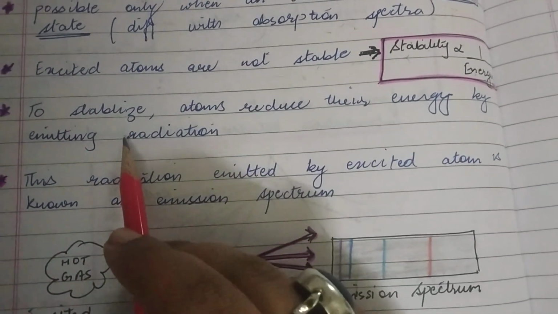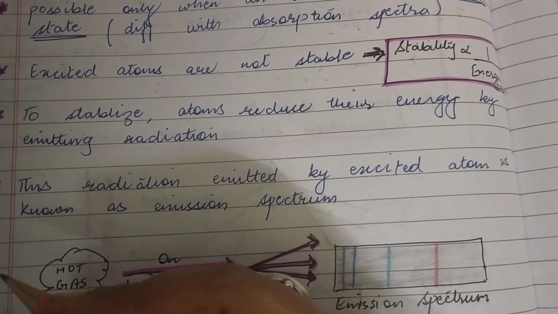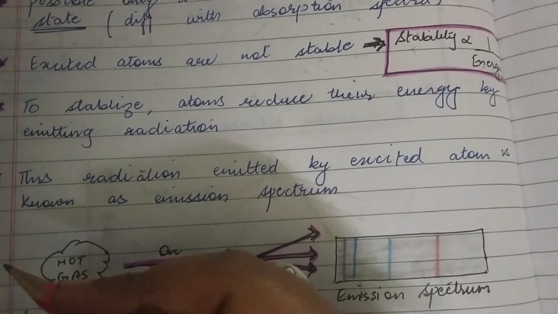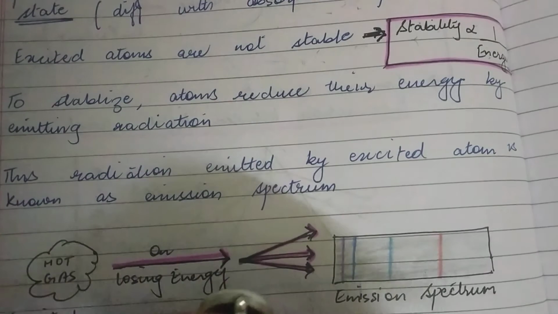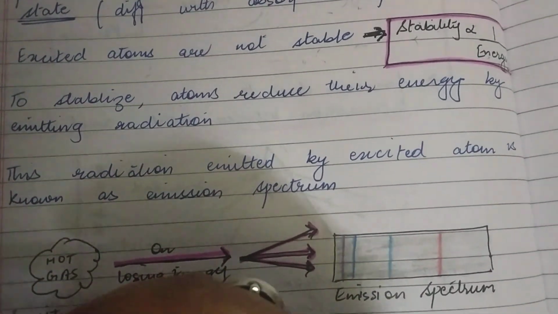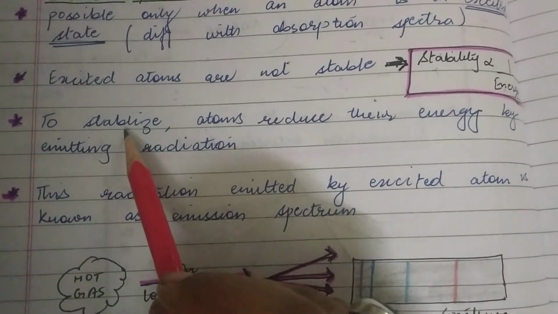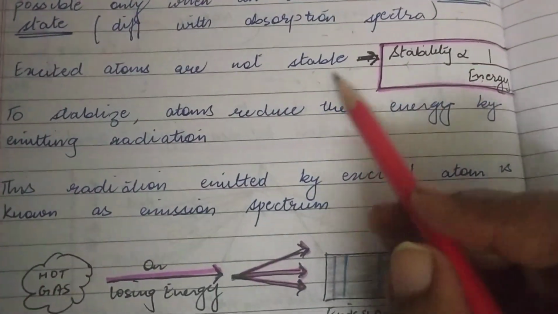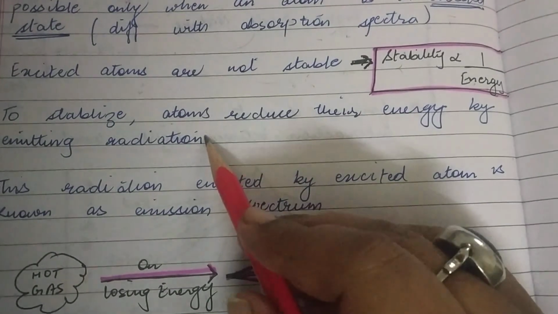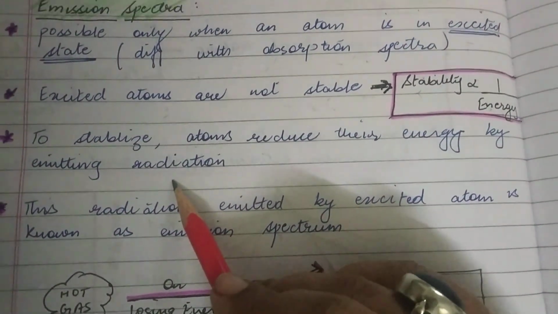Now, it is the natural tendency of any object or particle to be in a stable state, to attain stability. That is a universal rule. So to stabilize themselves, they have to lose that extra energy. They reduce their energy by emitting radiation.